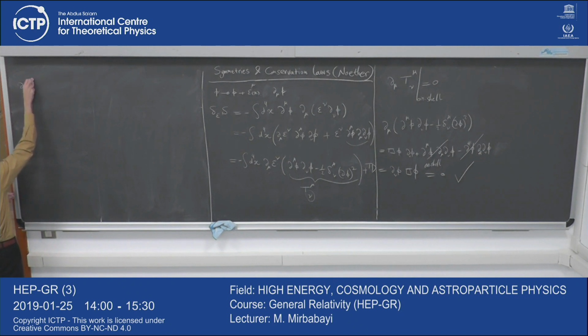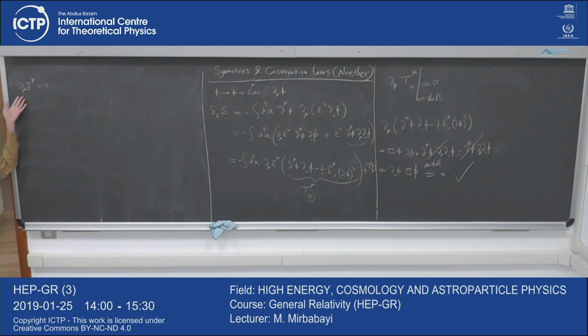When you have d mu j mu equal to 0, then we can introduce a conserved charge. This expression is the local expression of the conservation of that charge. It tells us that the total amount of charge is conserved. It can just move from one point to the other.